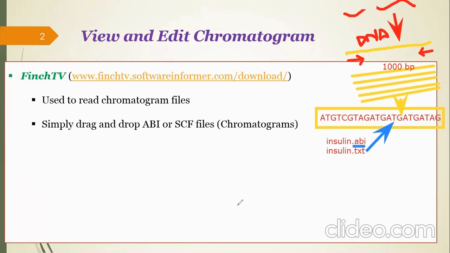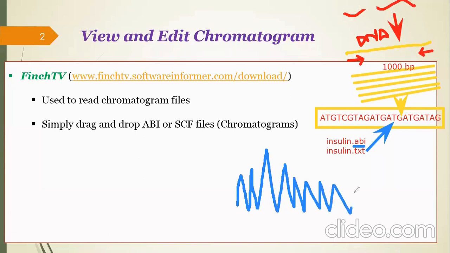In the ABI file, there will be a peak file, and it will look like this. This peak is for T, this peak is for A, this peak is for G, and so on.